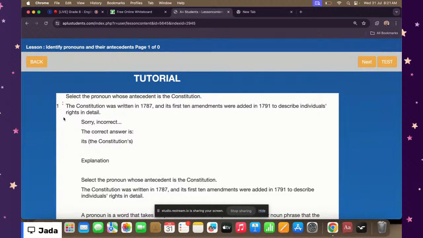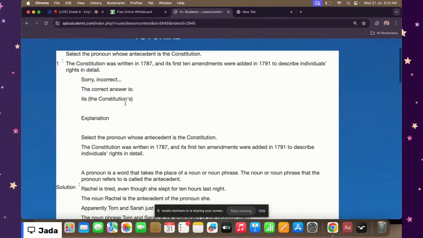This one up here says the Constitution was written in 1787 and its first 10 amendments were added in 1791 to describe individuals' rights in detail. Select the pronoun whose antecedent is the Constitution.